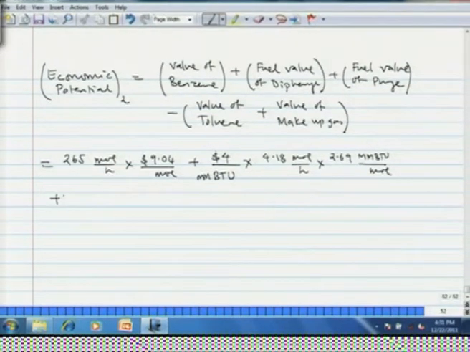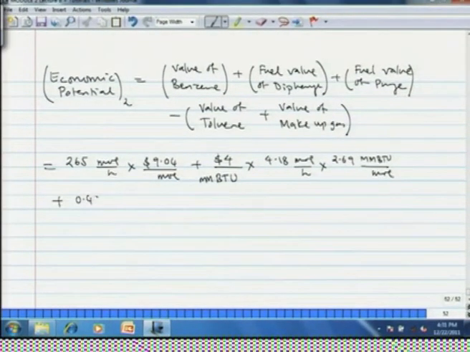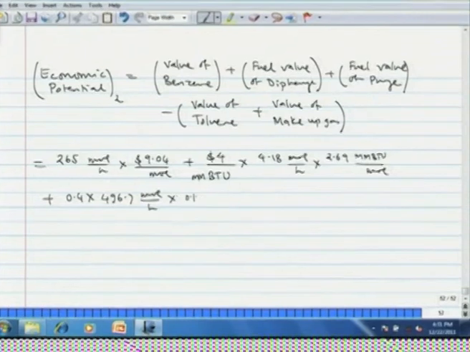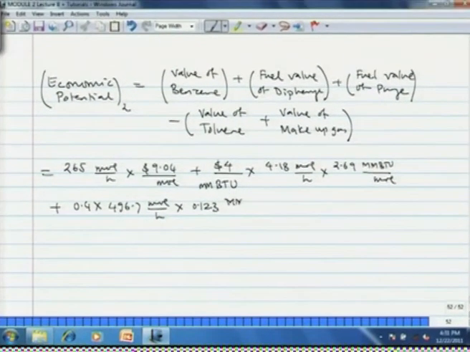Then the fuel value of purge: YPH, which is 0.4, into the purge gas, which is 496.7 mole per hour, into the fuel value of hydrogen, plus the fuel value of methane.